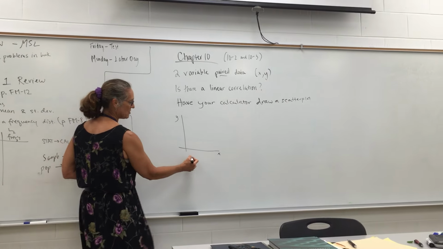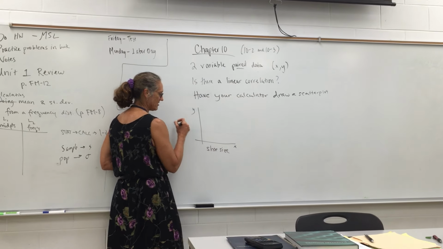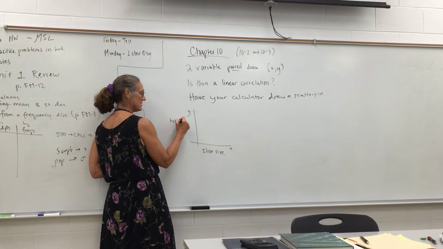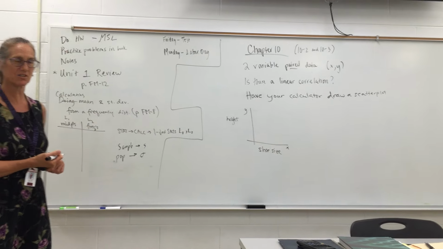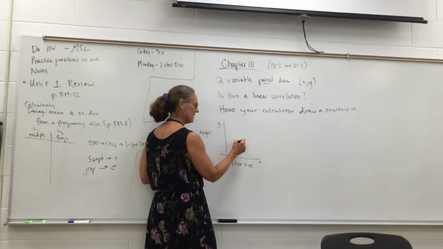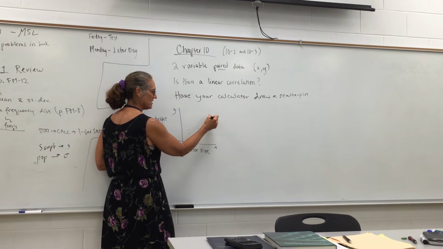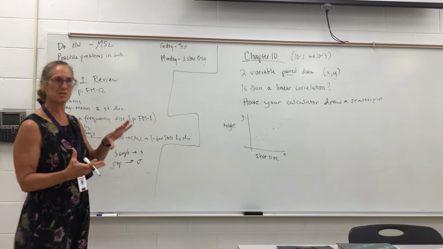For example, shoe size versus height. Turns out that there's typically a relationship there. Both of my classes yesterday had a definite linear correlation where the bigger their feet, guess what? The taller they were. So there's some variation, right? We've got some shorter people with bigger feet and taller people with smaller feet.